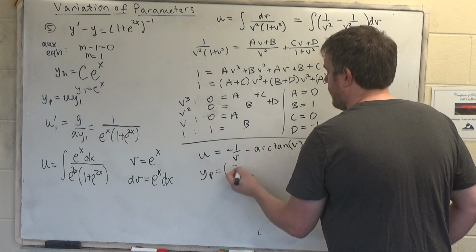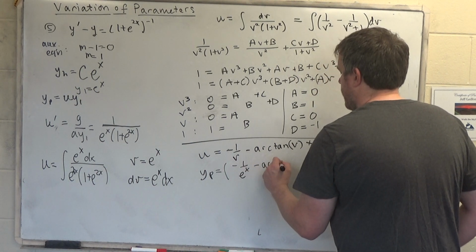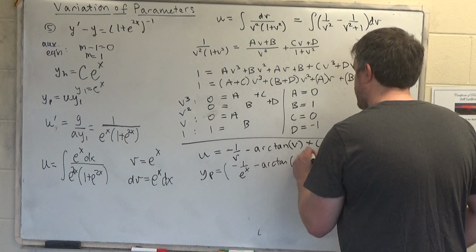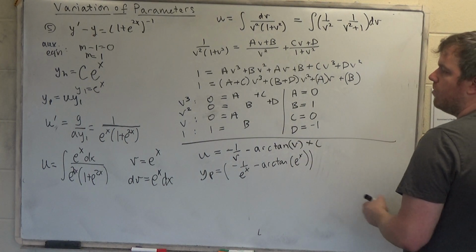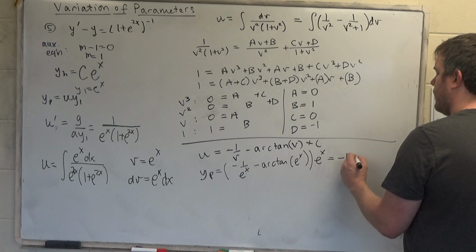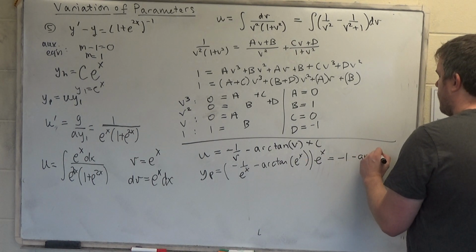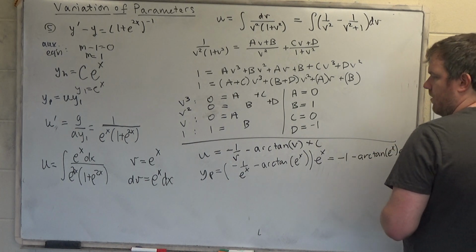So negative 1 over e to the x minus arctan e to the x, all times y1, which is e to the x. I can simplify this and get negative 1 minus arctan e to the x times e to the x.